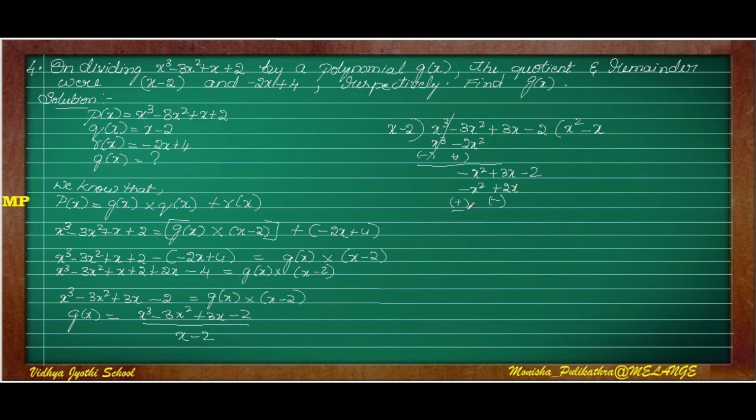So change the sign, this will get cancelled. Plus into minus is minus. x - 2. x - 2, x - 2 plus 1. So x - 2, change the sign, the entire thing will get cancelled. Remainder is 0. So now whatever we obtain in the quotient has become the divisor. So g(x) = x² - x + 1. I hope you understood this.